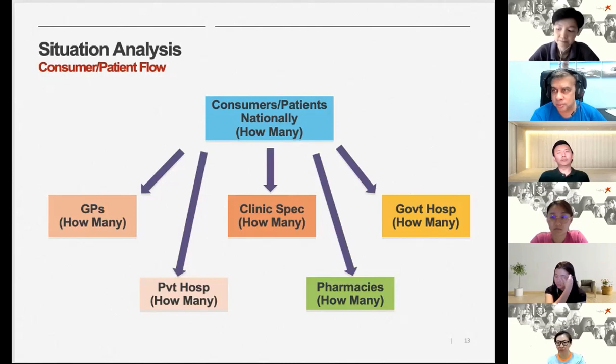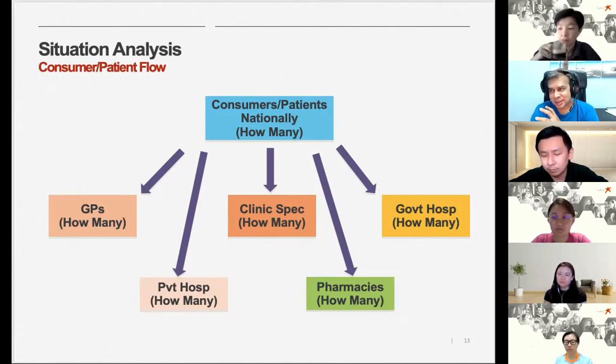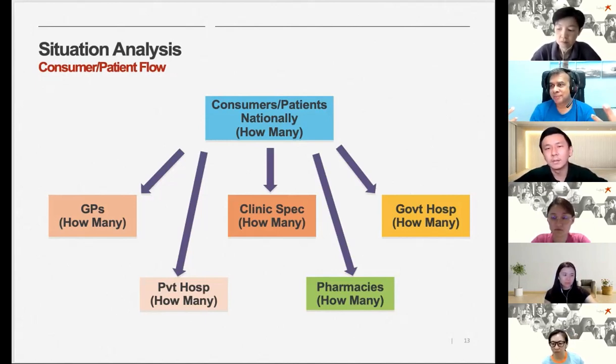Because what you may show in this patient flow chart is that the bulk of the depressed patients are all going to government hospitals. And that will tie in with the fact that a huge number of the depressed patients belong to the bottom 40. So no money, therefore they go to the government hospitals.